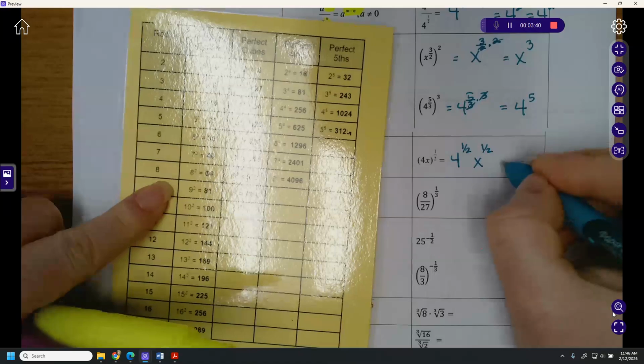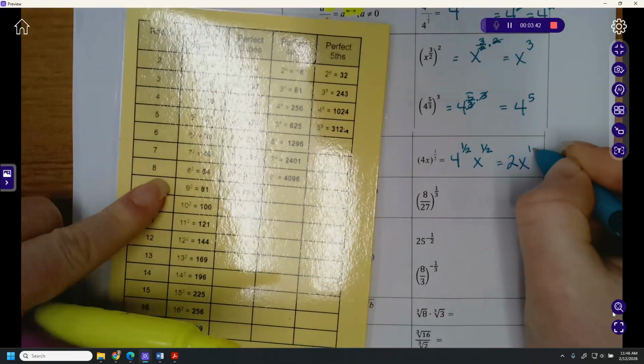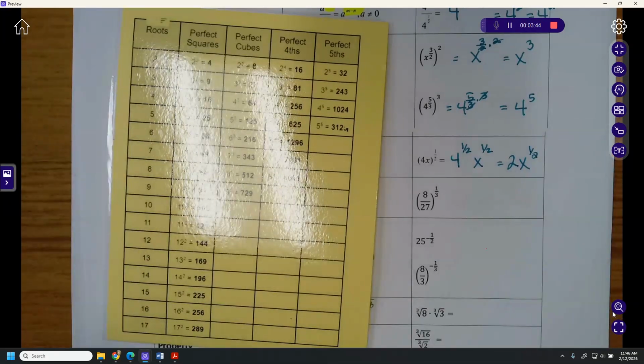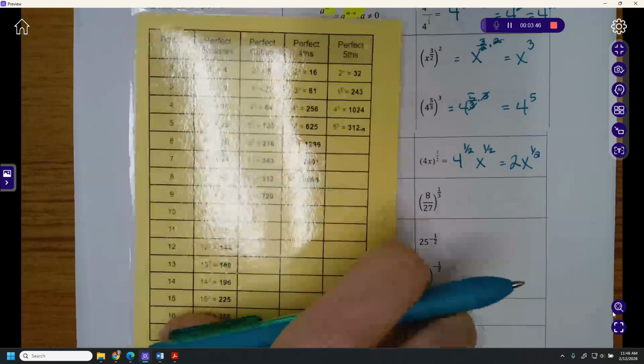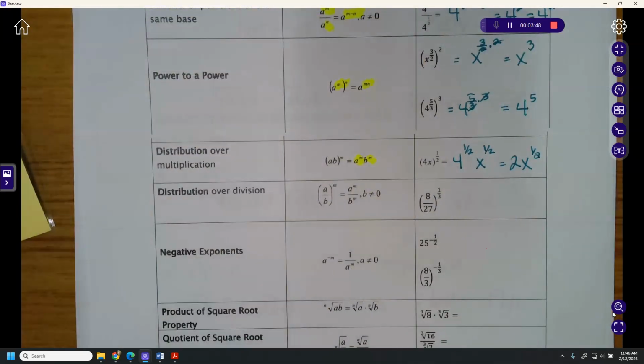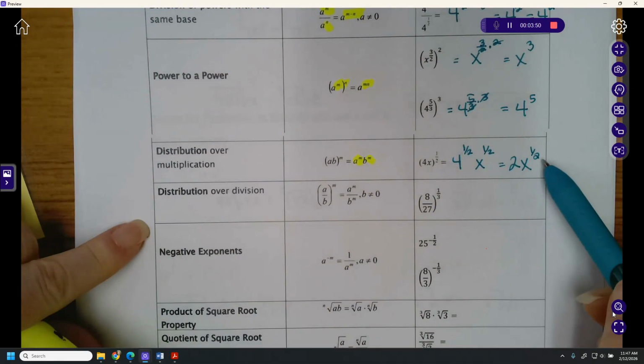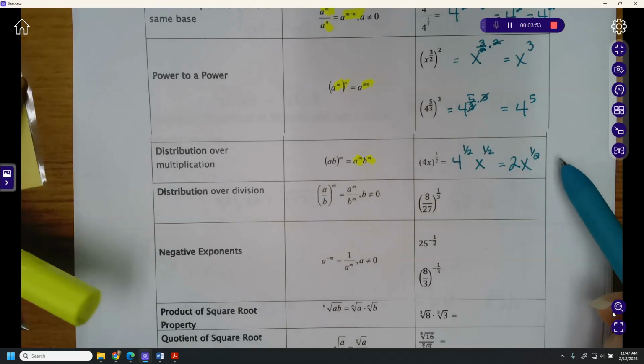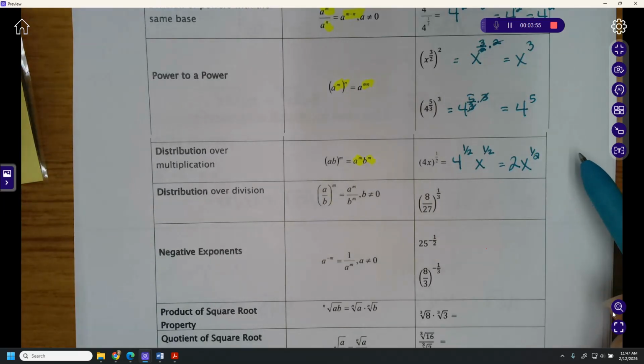That's the square root of 4. That's 2. We could write this as 2x to the 1/2. Also depends on what they're asking for. If they ask me to leave it as an exponent, I could leave it that way. If they ask me to write it as a root, I can write it as a square root.